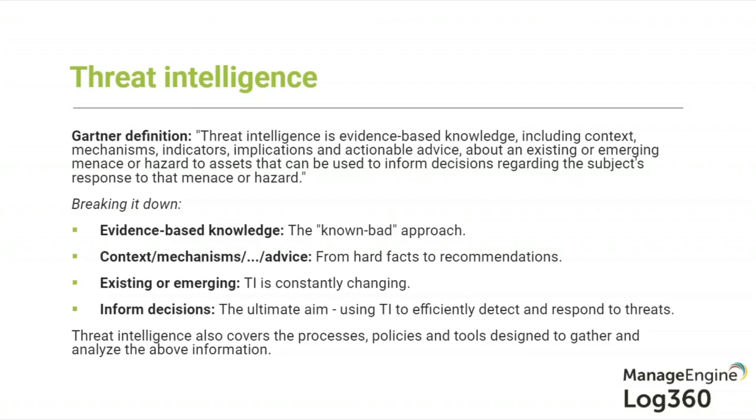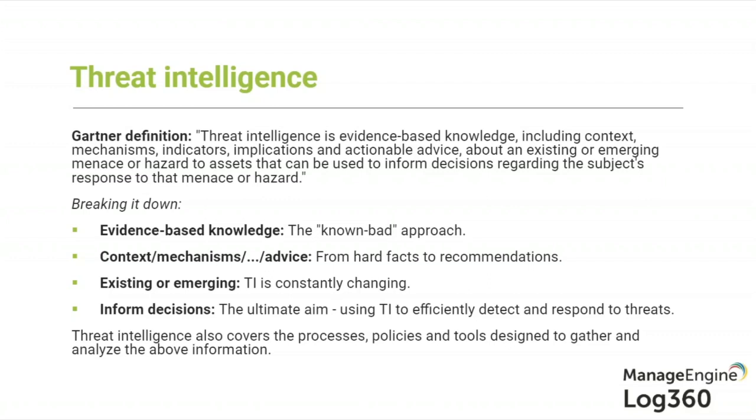There's a pretty common misconception that threat intelligence is just a list of bad IP addresses. But it's something much more than that. It's hard facts like the specific mechanisms and indicators of attack, and also more general information like advice on how to deal with the threat.